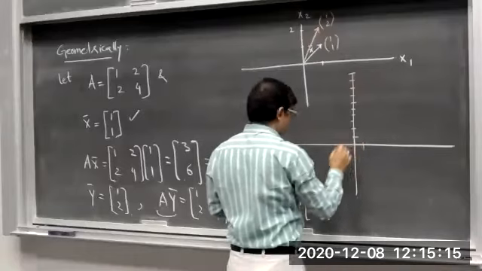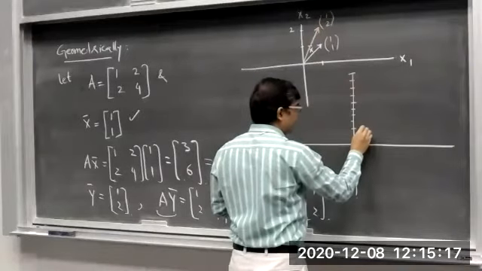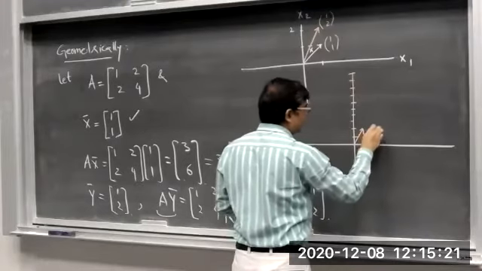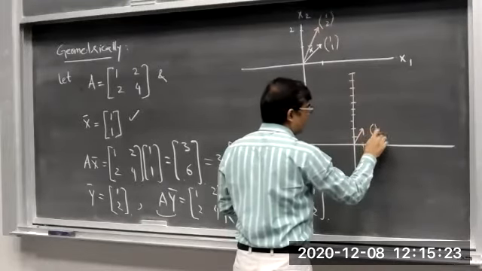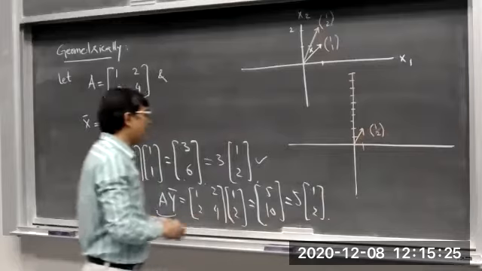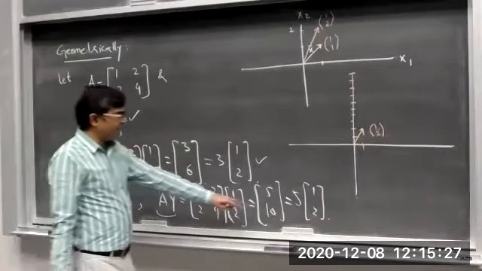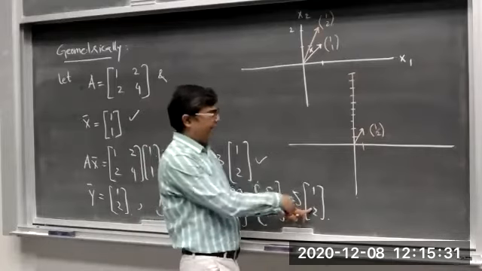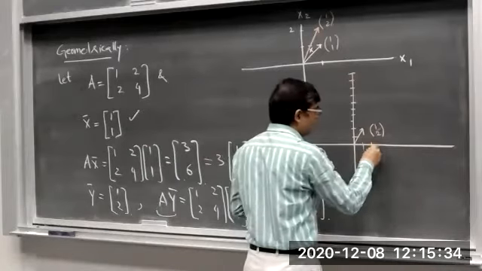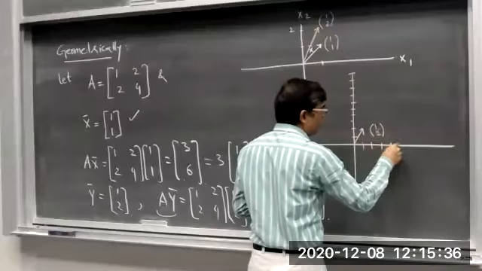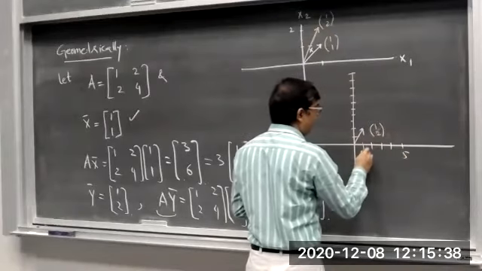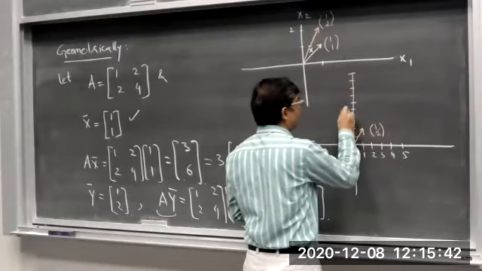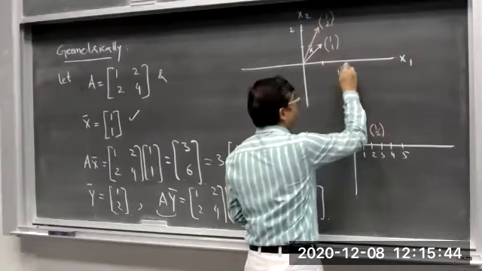So 1, 2 is the original vector, and the resulting vector after multiplying y with A is 5 times 1, 2, which means 5, 10.